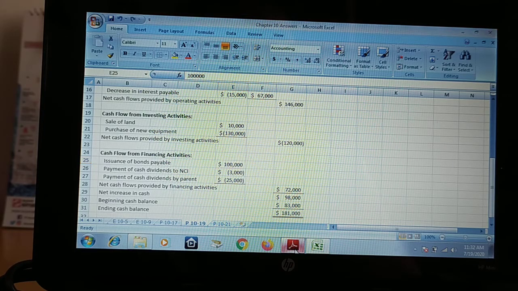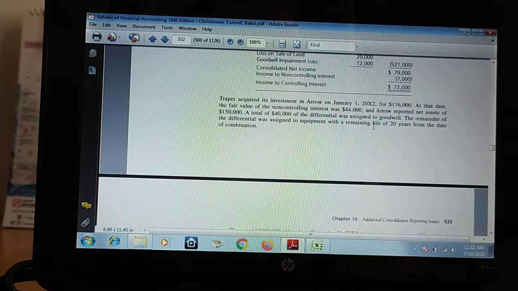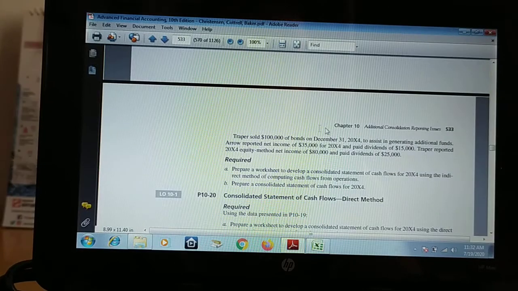We see that common stock stays the same, and additional paid-in capital as well, so that leaves the dividends. Aero paid dividends of 15,000. Remember, a subsidiary only pays to the NCI.